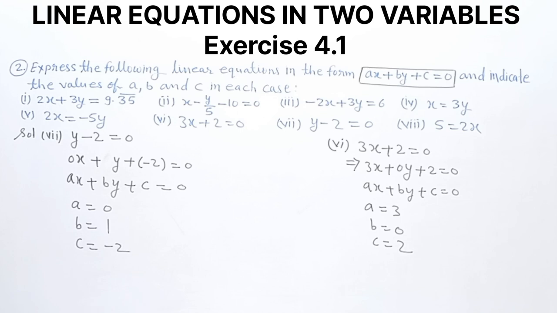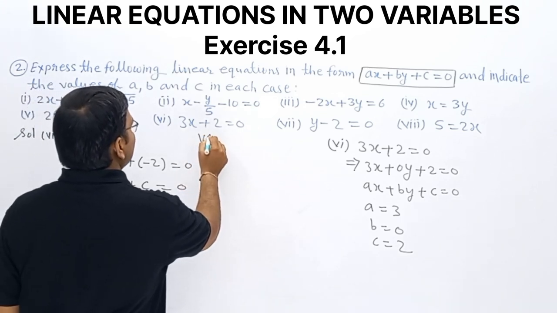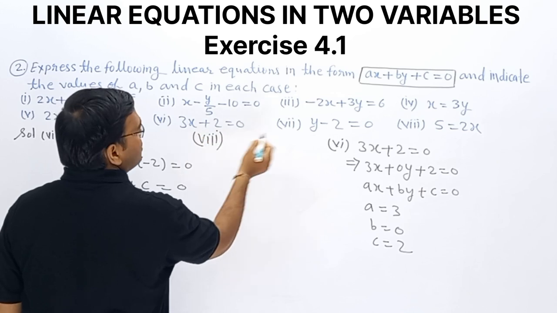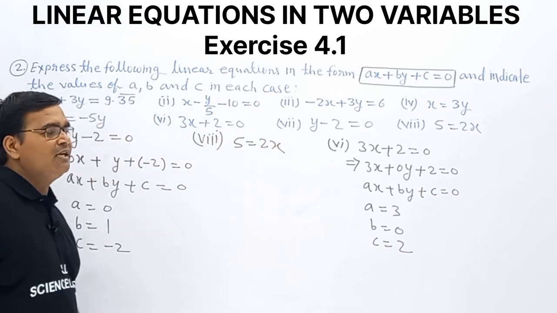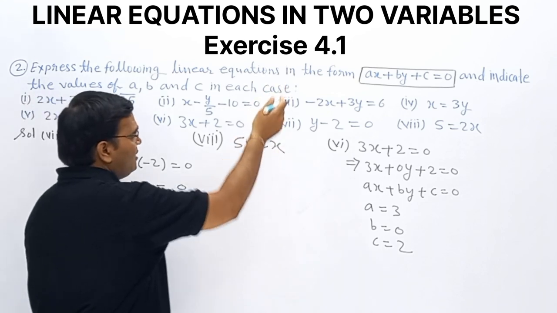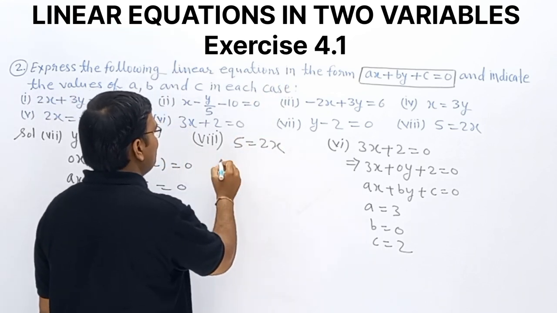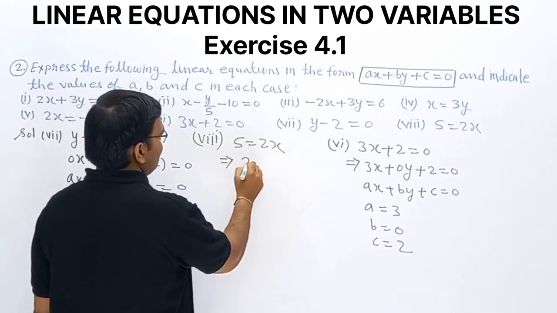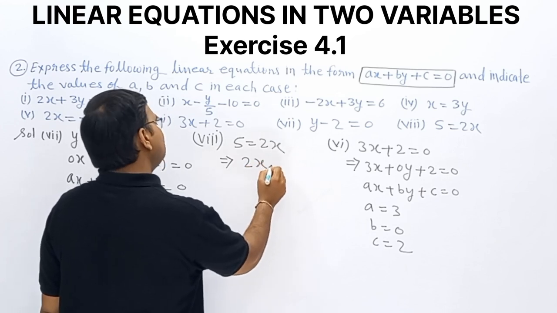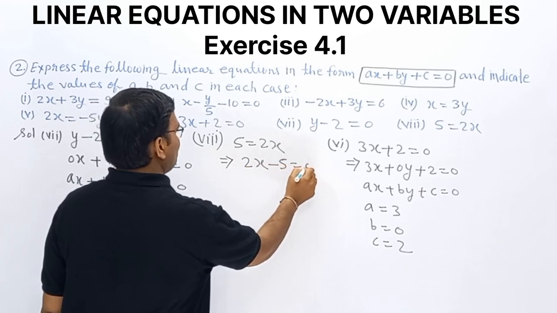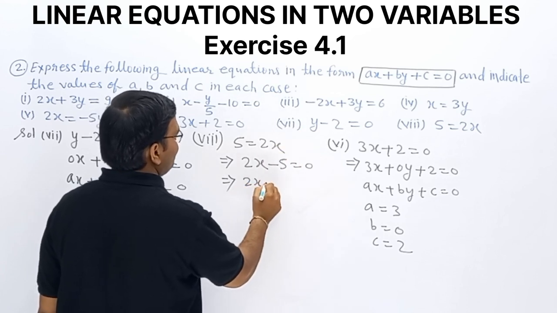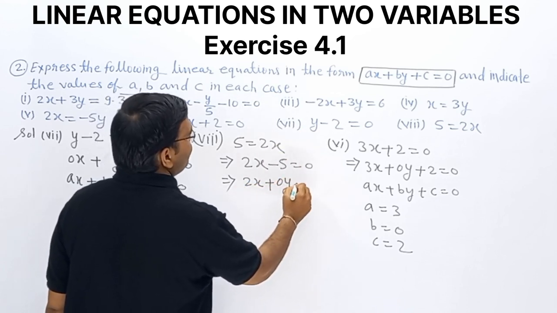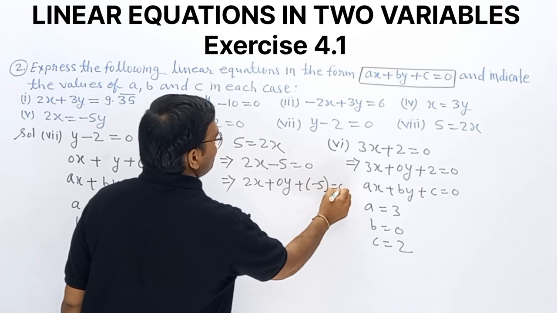Clear? Simple. Now last one, the 8th one I am taking. The 8th question is 5 equal to 2x. This is also a linear equation in one variable, but we require a linear equation in two variables. This can be written as 2x minus 5 equal to 0, or in the general form, 2x plus 0y plus minus 5 equal to 0.